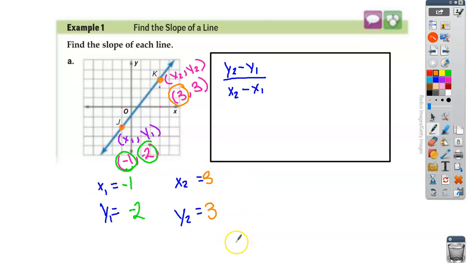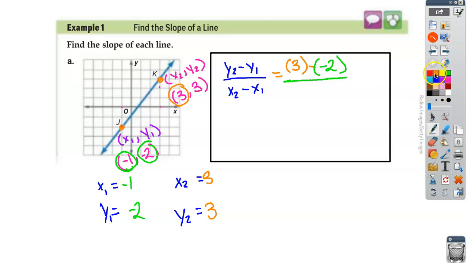Now that I have my little key filled out, I'm going to plug all of this into my equation. So instead of y2, I'm going to write what y2 is. It's 3. So I put it in parentheses so I can see that I put something in there. Minus my y1, which is -2. Again in parentheses.